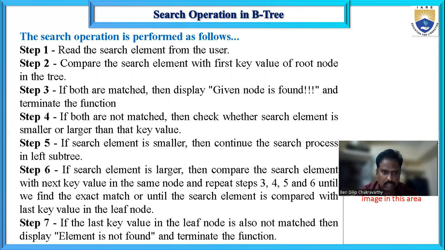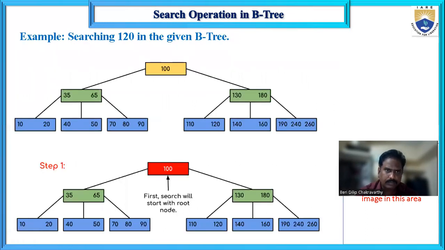If all the keys, including the leaf node, have been checked and none matched, then display element not found. Then you terminate the function.